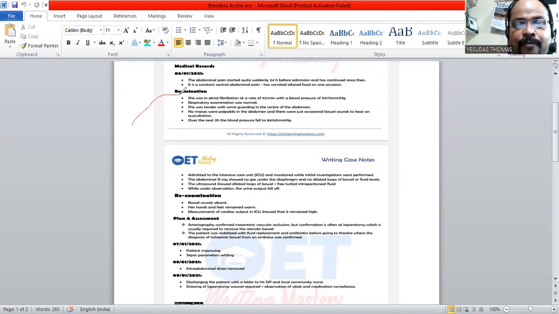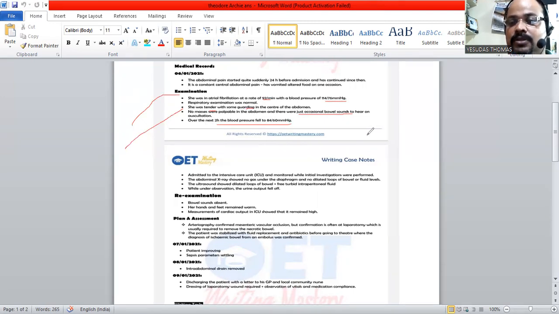Now, atrial fibrillation, she had atrial fibrillation before. At the time of admission, the pulse was 92 per minute and the BP was 119. After 2 hours the BP fell. Now we have the observations: tenderness, guarding, and very few bowel sounds, just occasional bowel sounds.